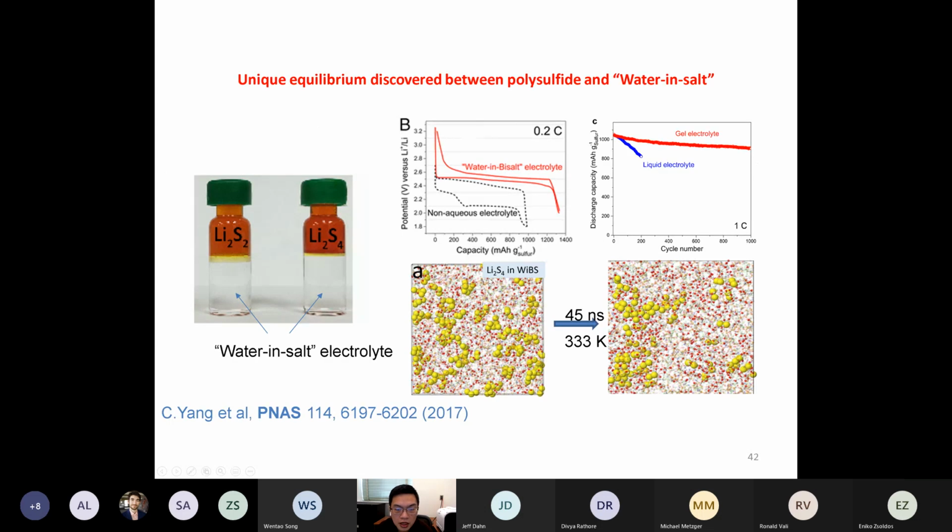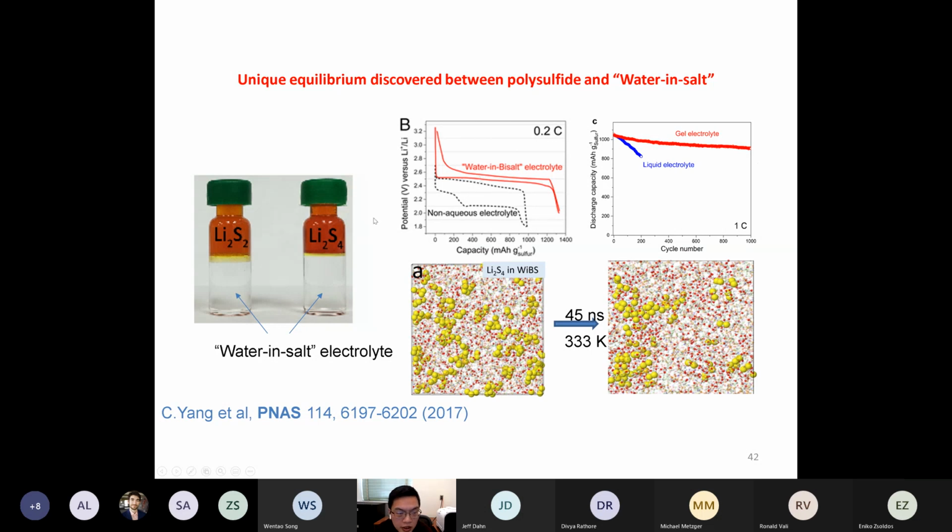This story started a few years ago when I was trying to use sulfur chemistry in this water-in-salt electrolyte. It turned out to be a very interesting finding that the sulfur chemistry in this high concentration electrolyte acts more like a solid-solid reaction, instead of the liquid-solid reaction in the normal DME based electrolyte.